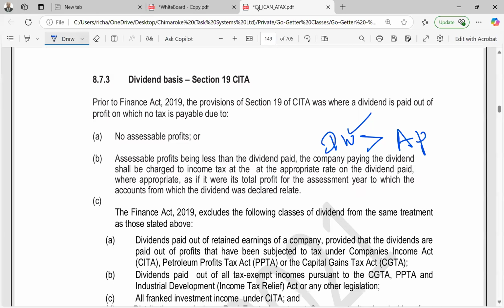And so what it means is that whenever you are paying dividends for a big company, as you are paying the dividend out, you are being taxed 30%.